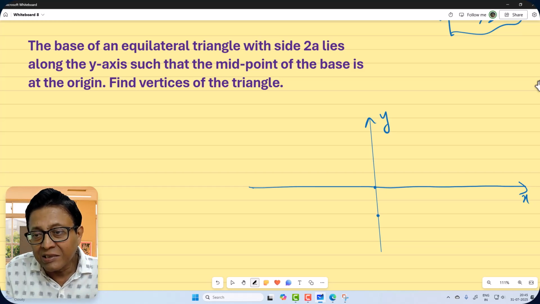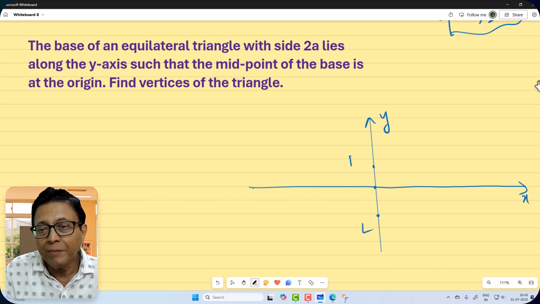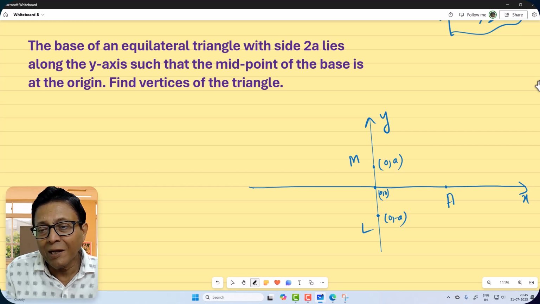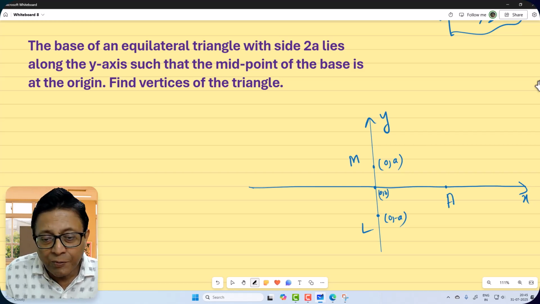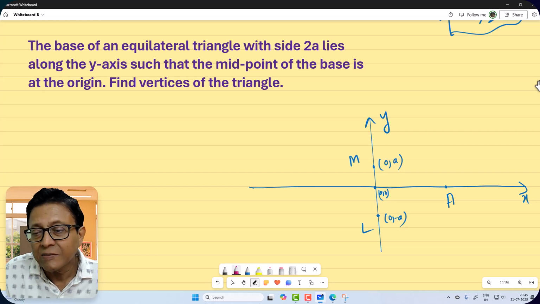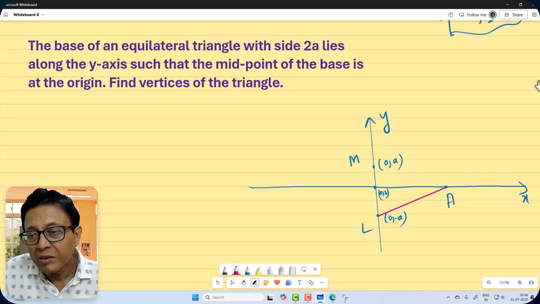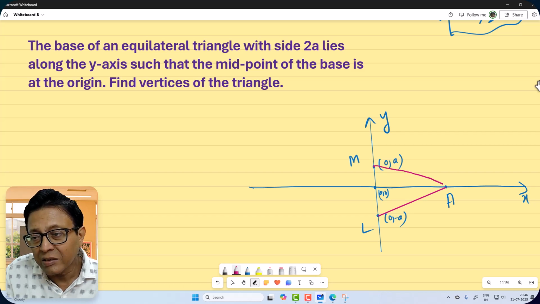Let this one be the base. LM is the base. Origin means 0, 0. Length of this part 2a, so this will be (0, a). This will be (0, minus a). We have to find the vertex A of this equilateral triangle.